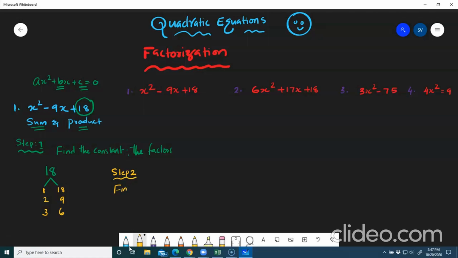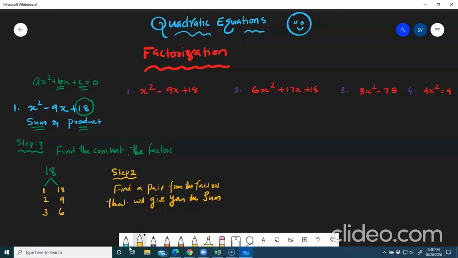Now, step 2. Find a pair from the factors that will give you the sum.